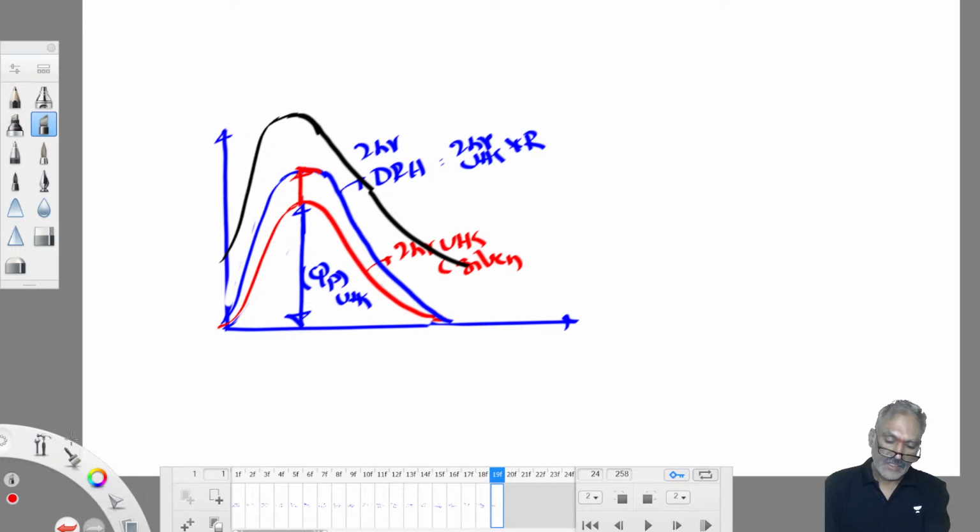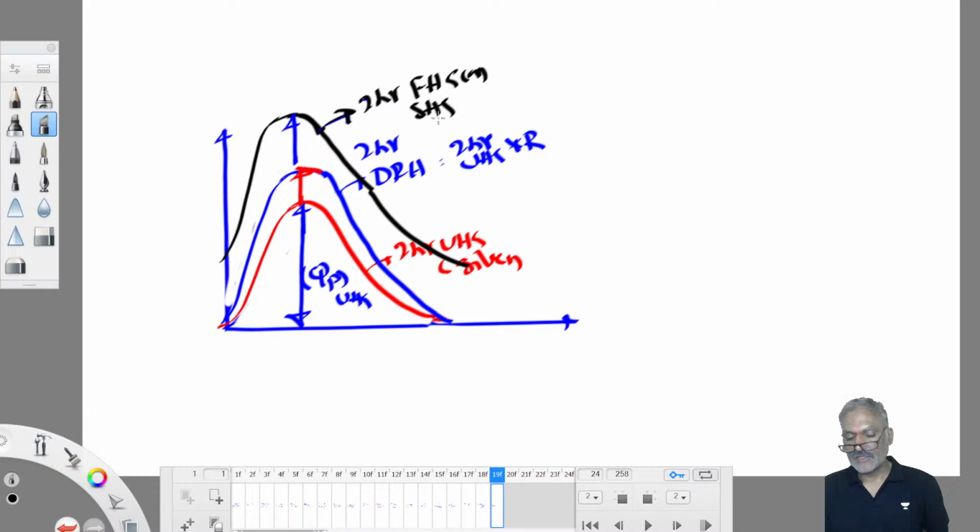Third question answer, what is the third question answer? He is asking this peak ordinate, base flow is given. So this is the 2-hour flood hydrograph or storm hydrograph.